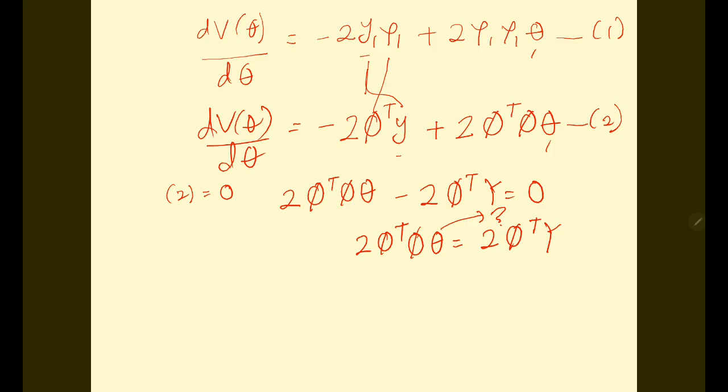Okay, so I multiply both right and left side of the equation with the inverse of phi transpose phi. So the inverse is phi transpose phi inverse.